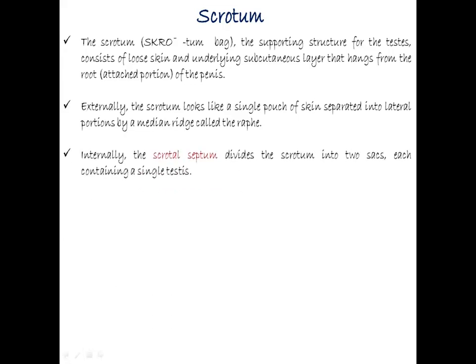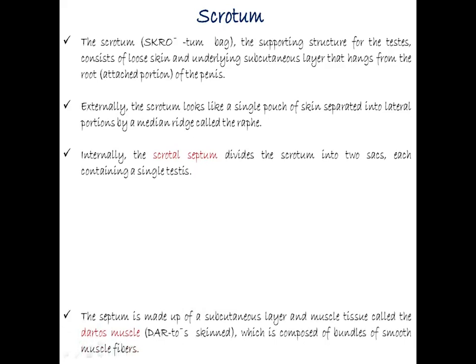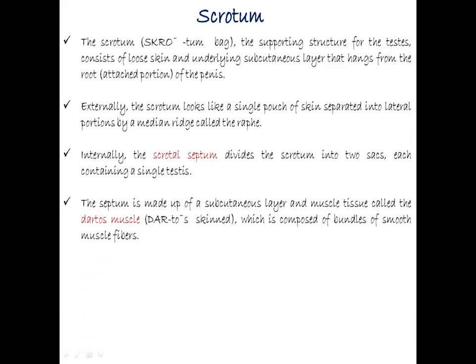Internally, the scrotal septum divides the scrotum into two sacs, each containing a single testis. The septum is made up of subcutaneous layer and muscle tissue called the dartos muscle, which is composed of bundles of smooth muscle fibers.